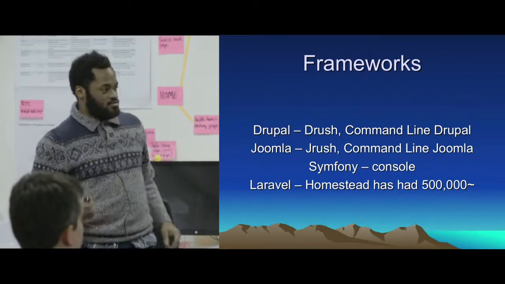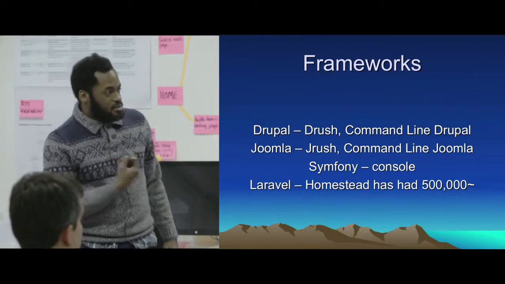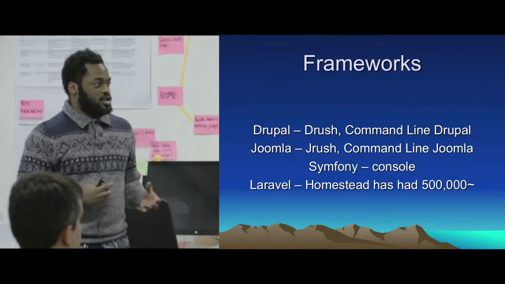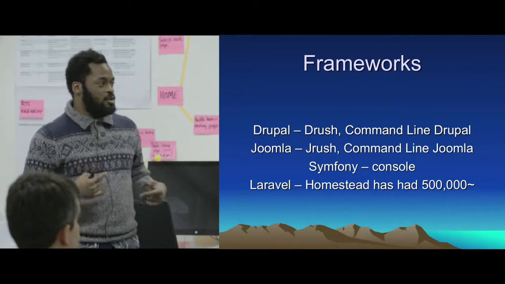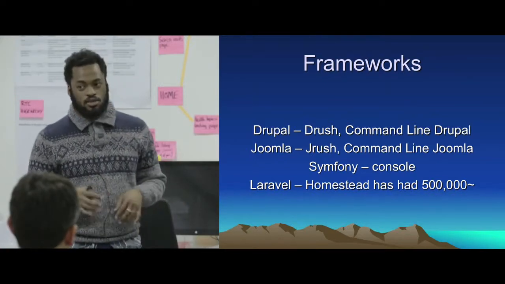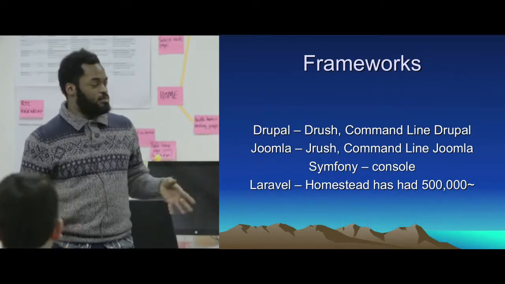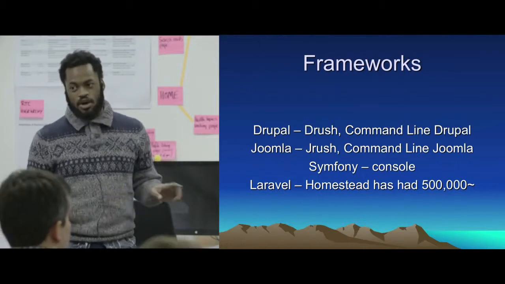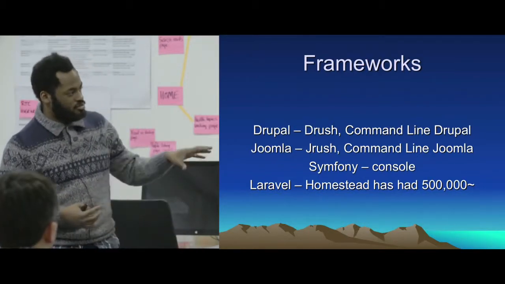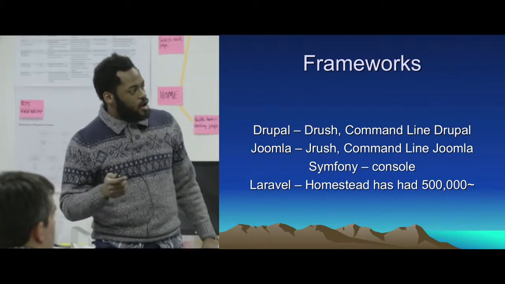Joomla has JRush, similar principle. Symfony has the console, which is really good because it allows your developers within their application to create command line tools out of the box for DevOps kind of actions to be performed upon the application.